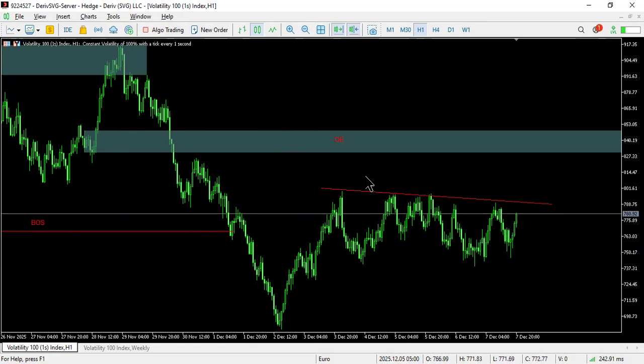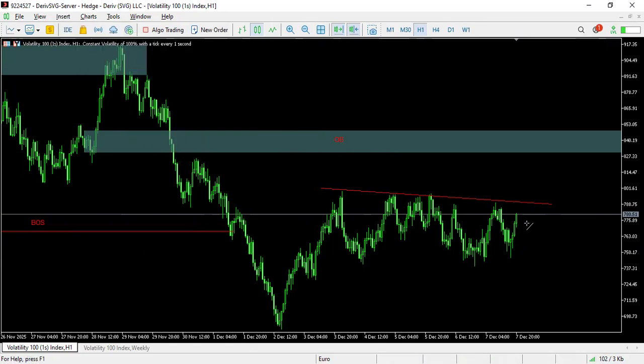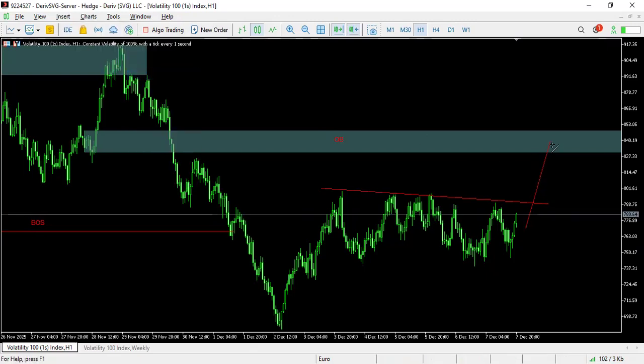So all this I'm seeing as liquidity that price will sweep to go and tap us into that order block. And then we can expect a move to the downside as the overall trend is bearish.